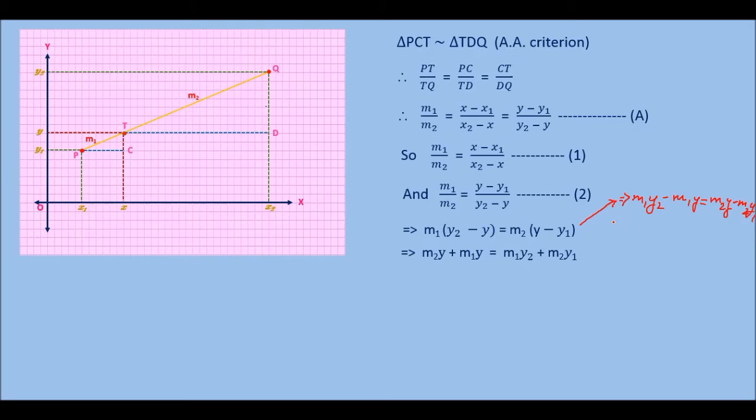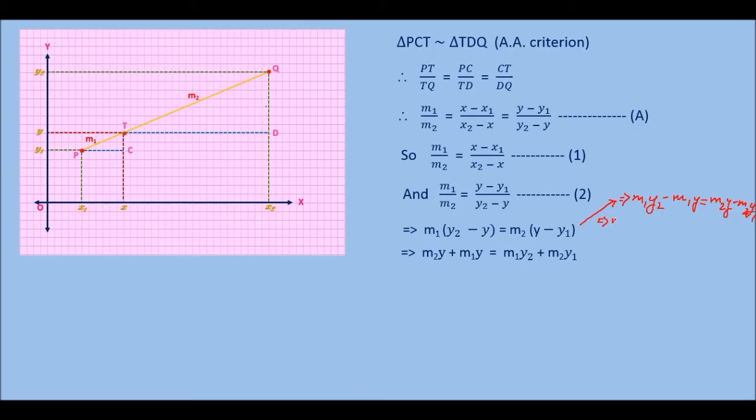Okay. So we will be taking the y terms to one side of the equal to sign, and we will be having all the other terms on the other side of the equal to sign. So since we are having this minus sign over here for m1y and this m2y is a plus sign, we are taking this to the right hand side. So this becomes equal to, and we are bringing this term having the negative sign to the left hand side.